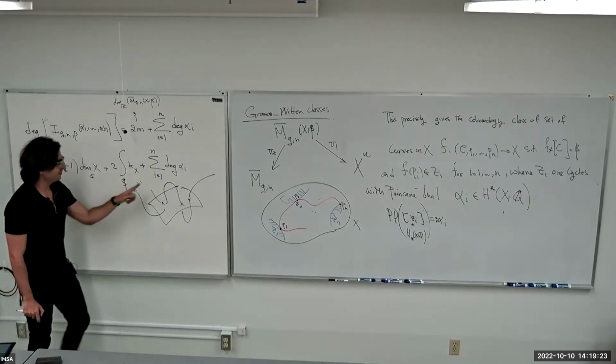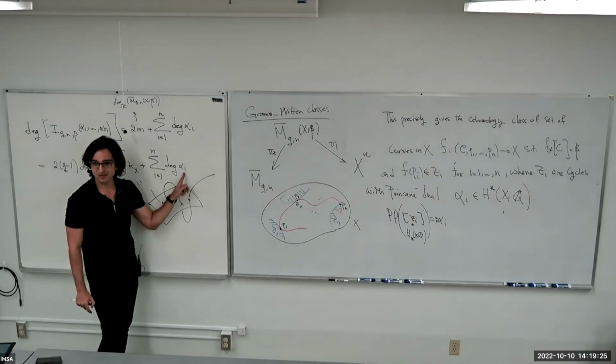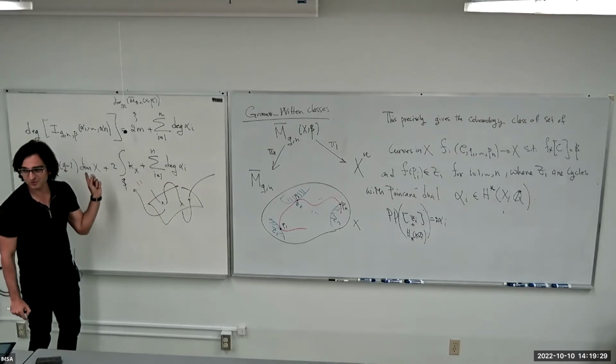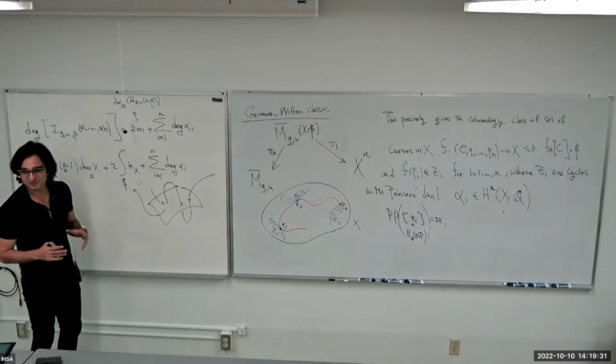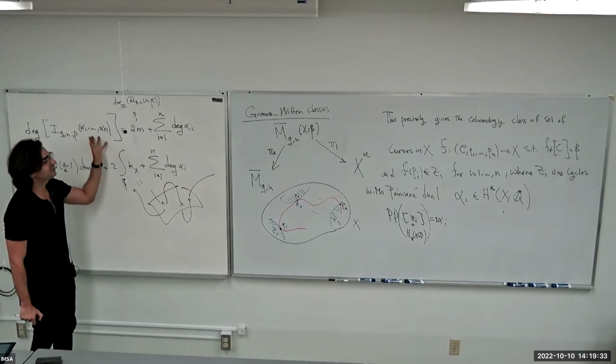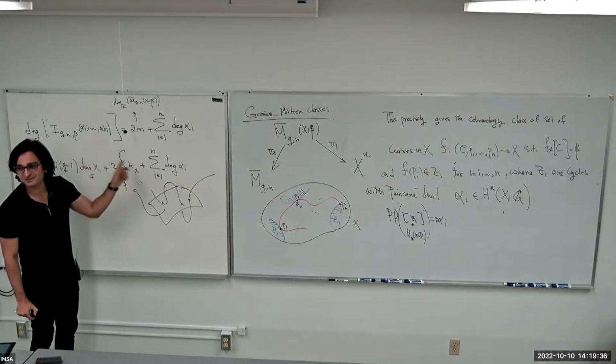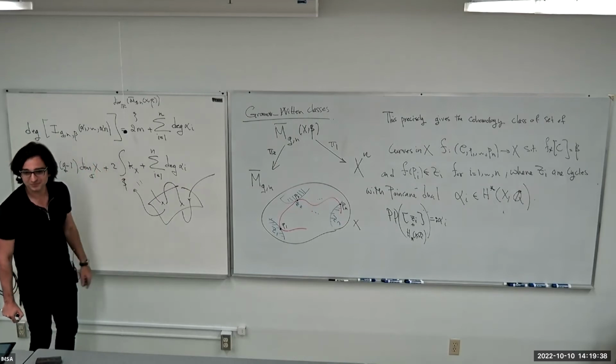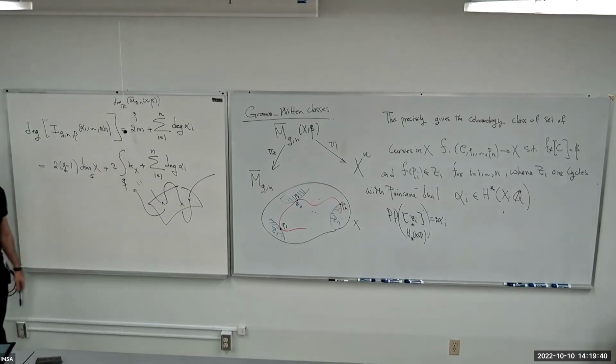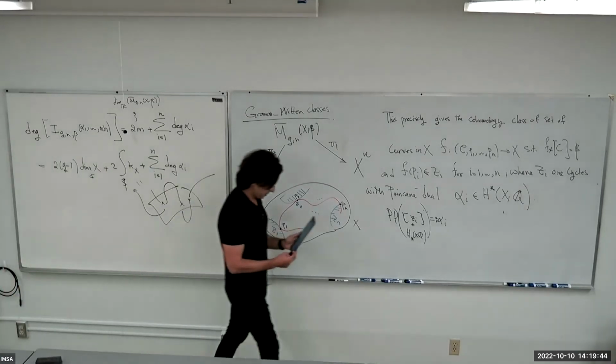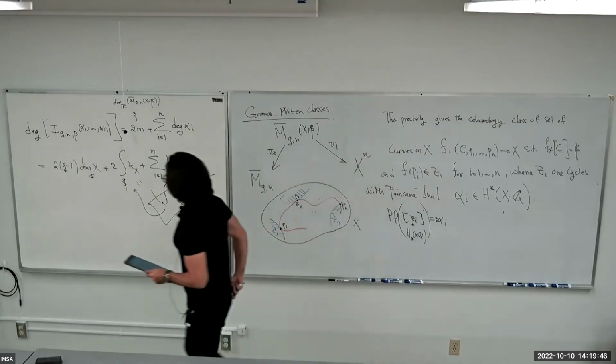Better be that you're fixing cohomology classes in a way that their degrees sum to a positive number. Otherwise, your moduli space, the set of curves passing through this many, will be empty because its degree will be negative. So you understand what's going on. Okay, nice. Gromov-Witten invariant.